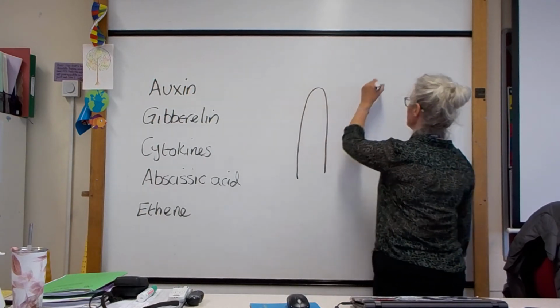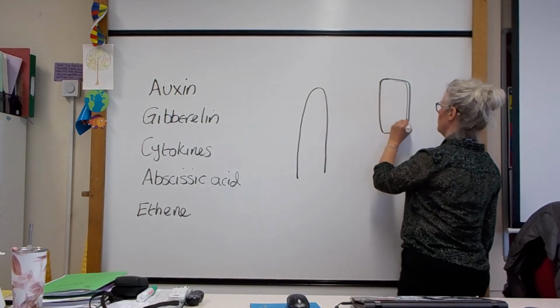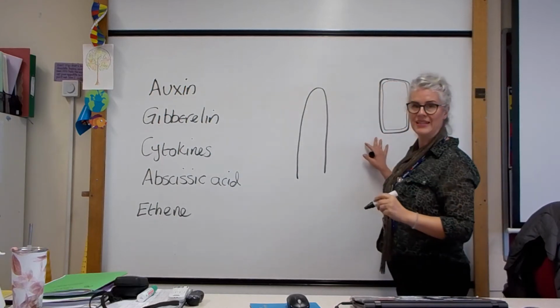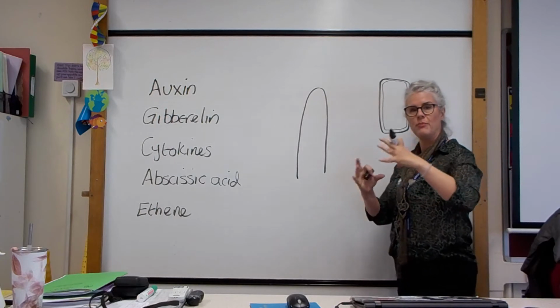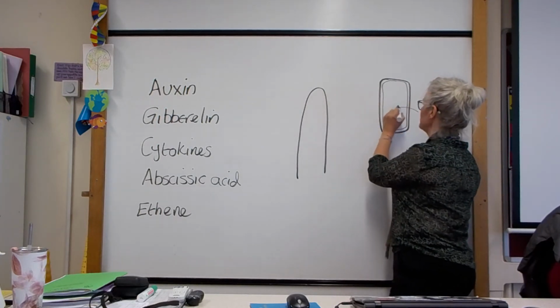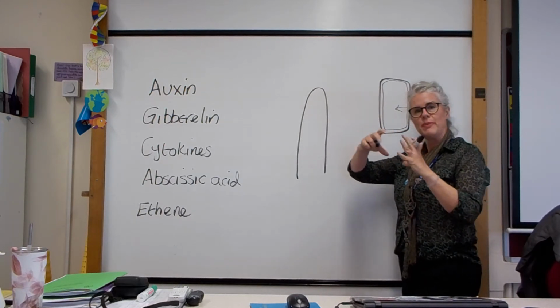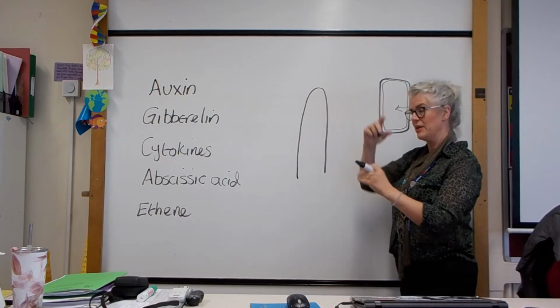Now what auxin does is, if you have a plant cell, so you've got a cell wall and then a cell membrane, it loosens up that cell wall a little bit. So it makes it a little bit more elastic, there's a little bit more give in it. And so if water enters, that plant cell is able to expand. You've given it a little bit of expansion room so it can get a bit longer.